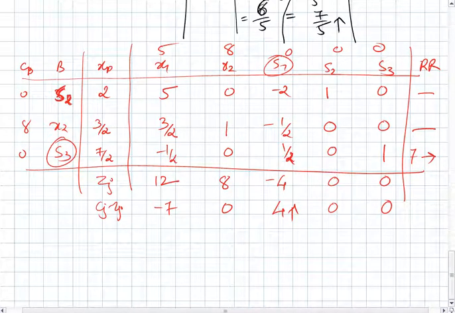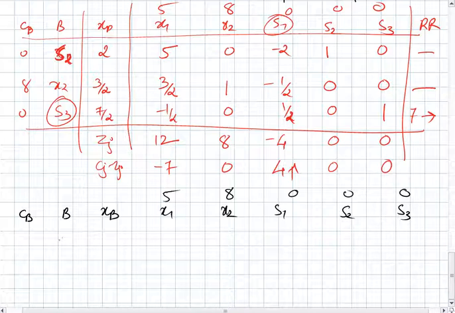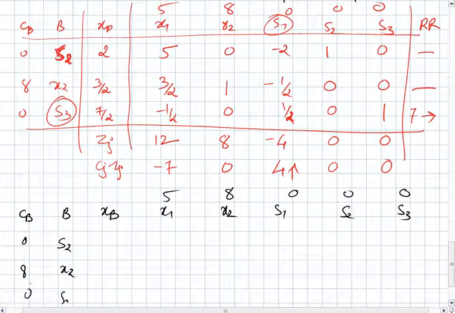So again apply the RRE process, make a table CB, B, XB, X1, X2, S1, S2 and S3. So 5, 8, 0, 0, 0 in basis. Now we are having S2, X2 and S1. Coefficients are 8, 0, 0.